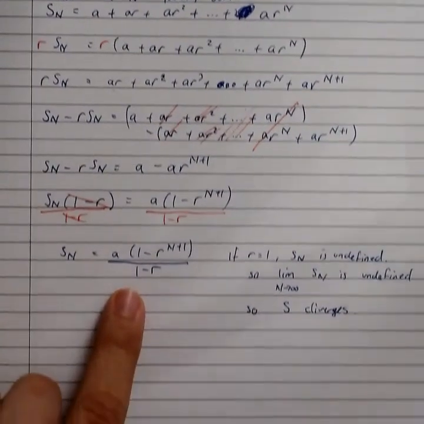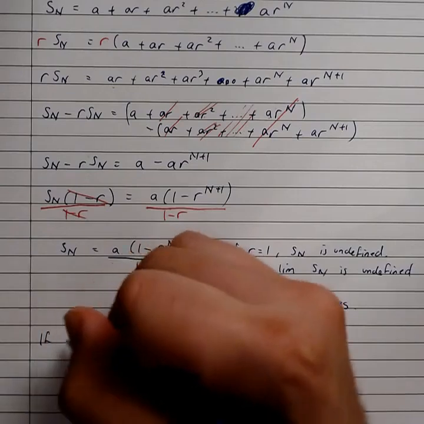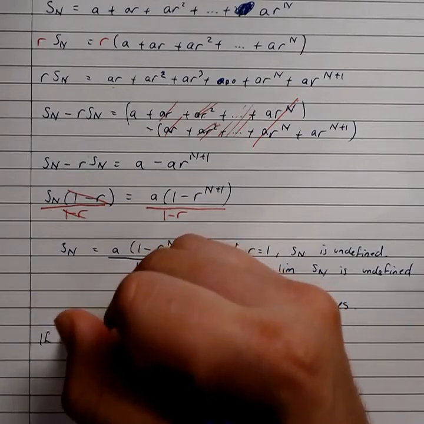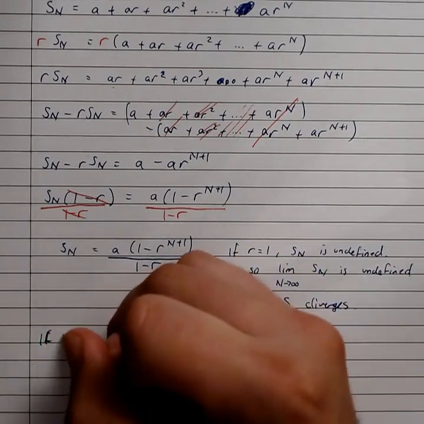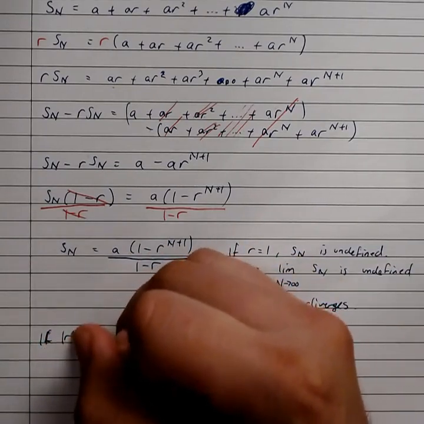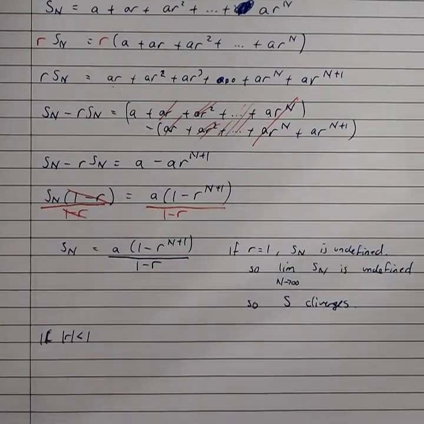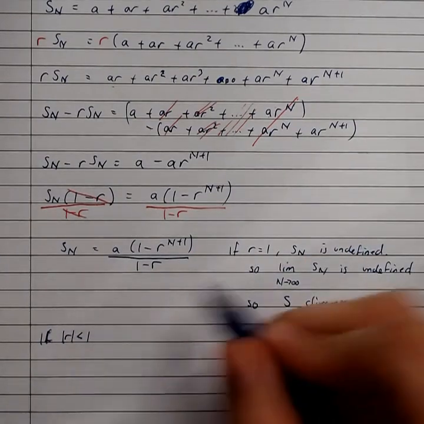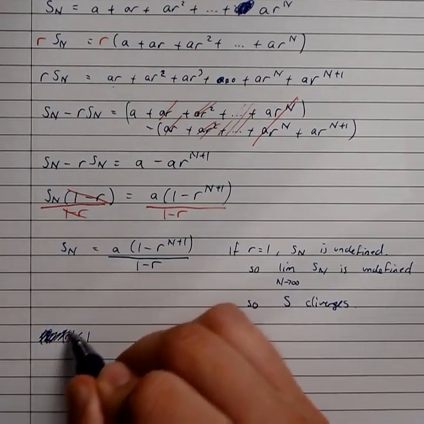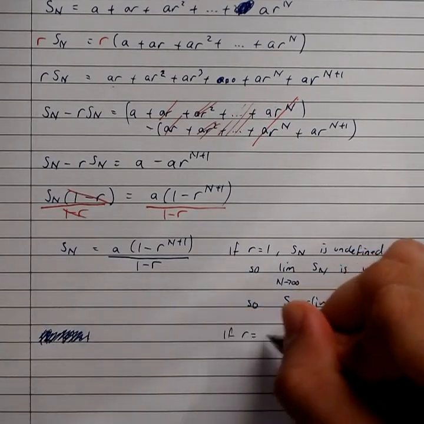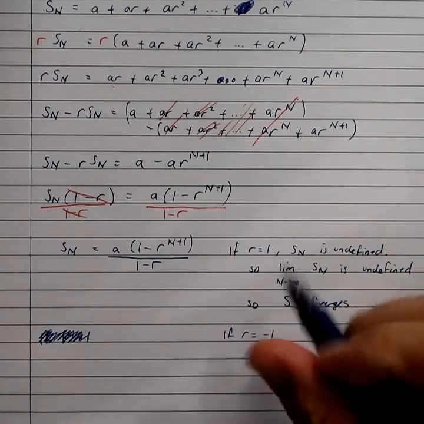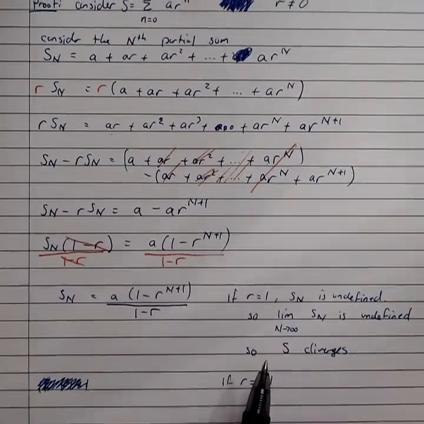Well, then there's two possibilities. What happens if R is less than 1 in absolute value here? Oh, I suppose before I say that, I should talk about what happens if R is equal to negative 1. After all, we are talking absolute value here. If R equals negative 1, we can go back all the way to the very beginning.